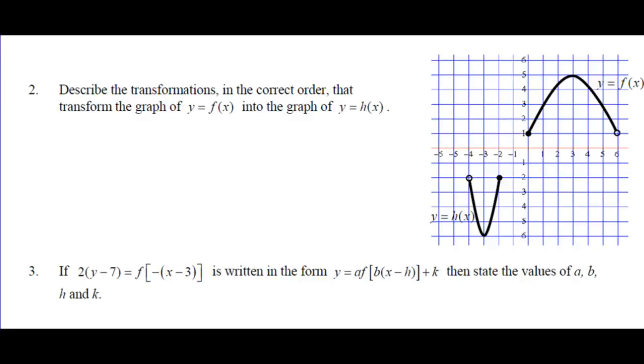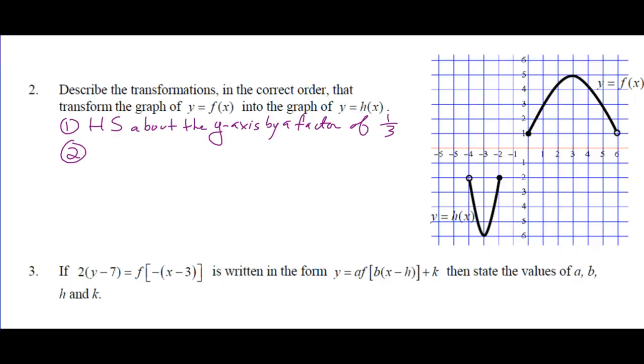This covers 2 units. So it's a horizontal stretch by a factor of 1/3, right? It's 1/3. Okay, so number 1, HS about the y-axis by a factor of 1/3.